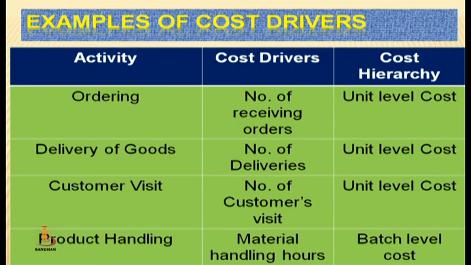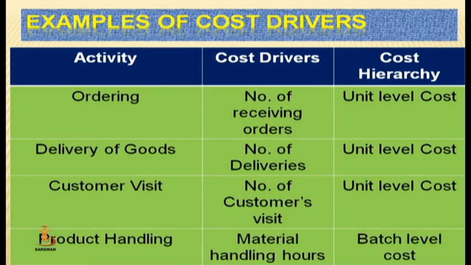Again, in this slide, I have given you examples of what the cost drivers are and how they are to be found out. Say, for example, the order cost is one of the activities. You know that in a manufacturing company, for manufacturing a product, there are certain orders to be made to the suppliers.